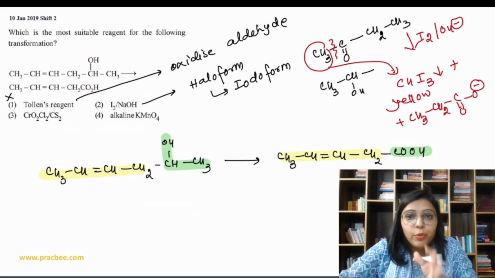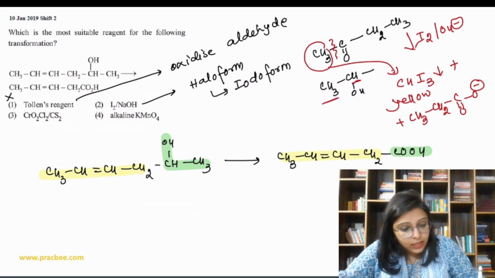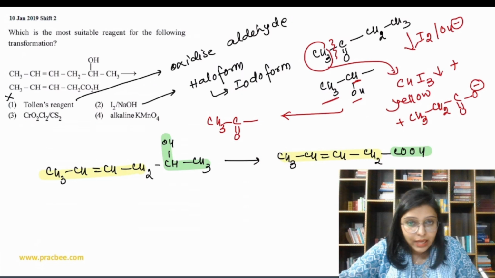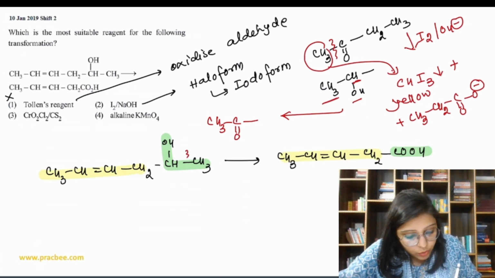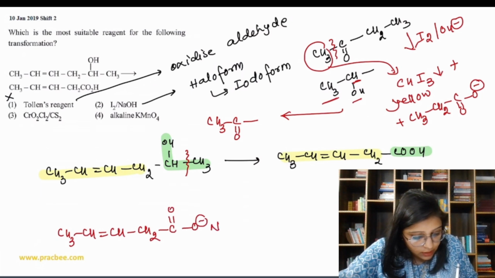Okay, so now the point is that we have this group CH3CHOH. So first it will oxidize to this one, right? When it oxidizes to this one, we have methyl ketones. So you have to break from here. So when you break from here, you get CH3CH double bond CH, then CH2 C double bond O minus Na plus, and CHI3.